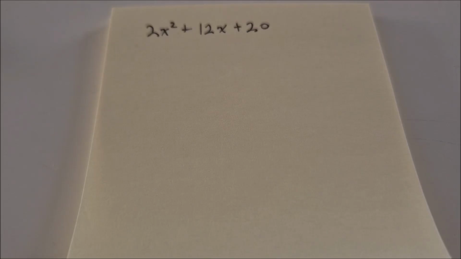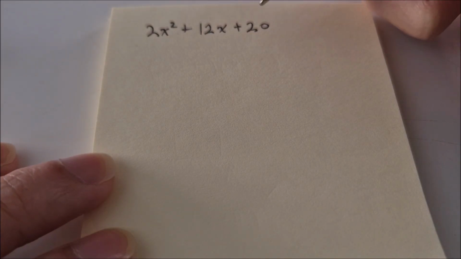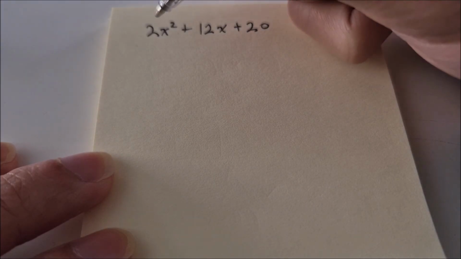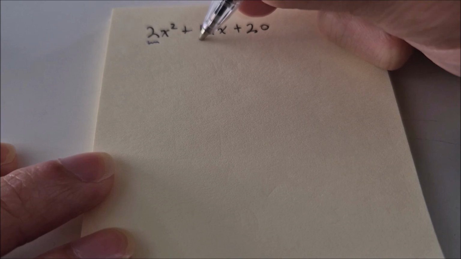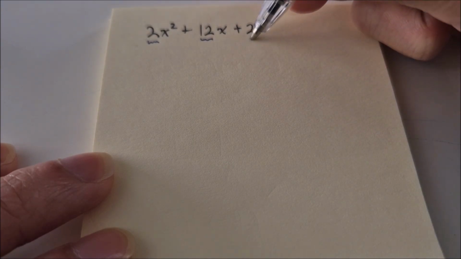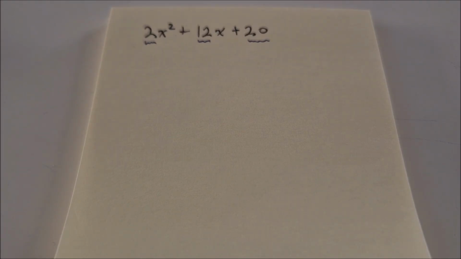Okay, so second attempt. If you look closely, this entire thing can be simplified. So we have 2, 12, and 20. And the highest common factor among these is 2.